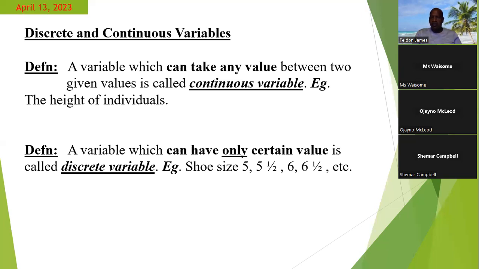If you're measuring between two whole numbers, you can take any size fraction between the two whole numbers. It is infinite in terms of how much you can cut up that space between the two whole numbers.